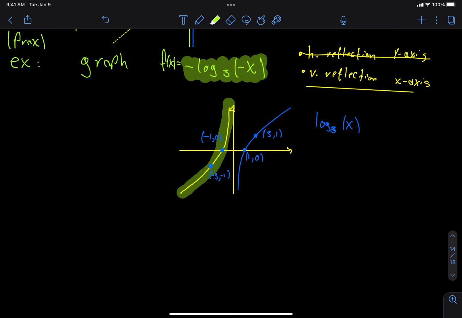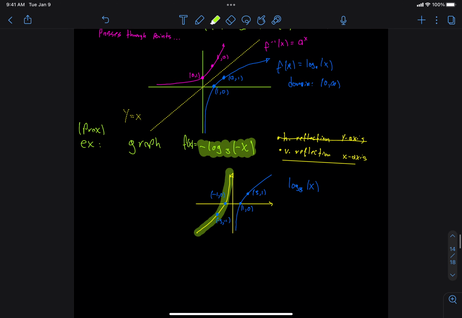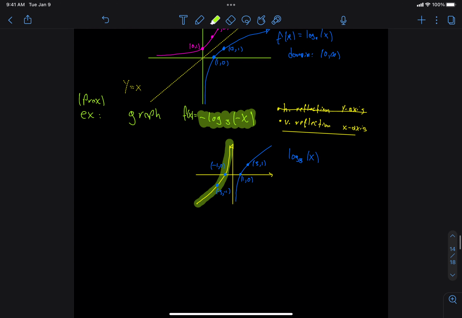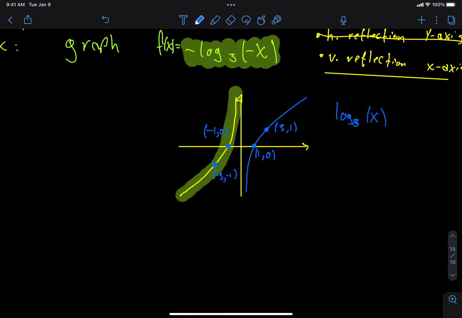Okay. Any questions on this one? Okay, I have a question for you all. What is the domain of negative log 3 of negative x? What's the domain?